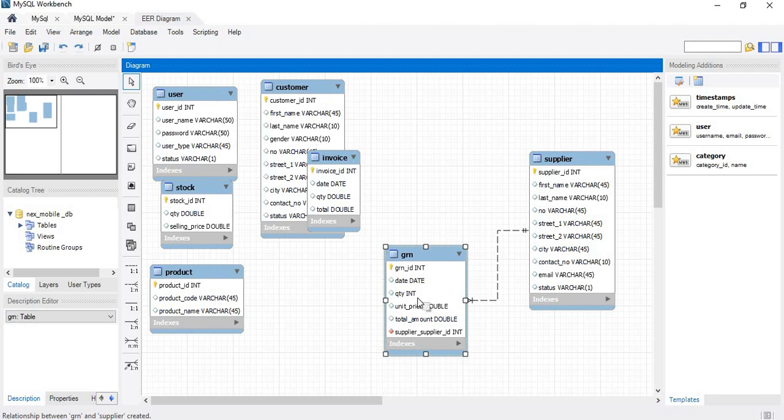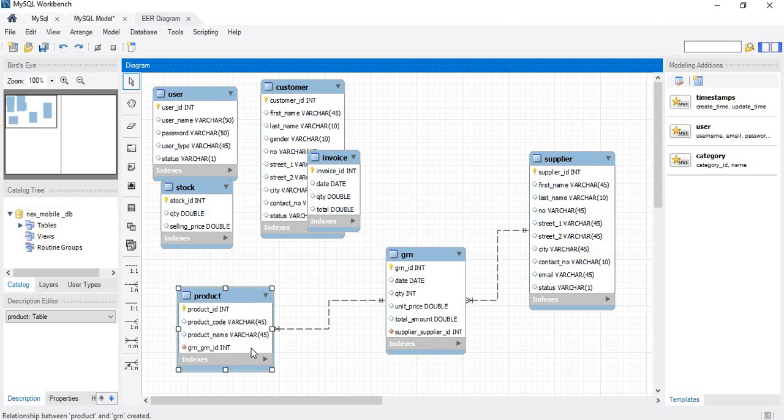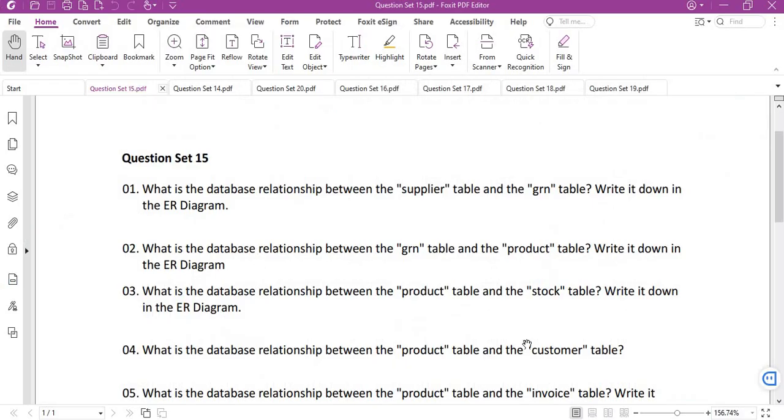So this is a one-to-many relationship, where the product is the many side and the good receive note is the one side. So we will create this relationship also. I have selected a non-identifying one-to-many relationship. So the many side is the product side and the one side is the good receive note side. Now the relationship has been created. Now we move on to the next requirement.